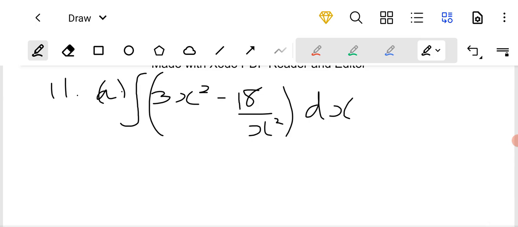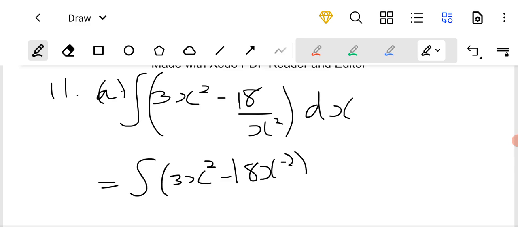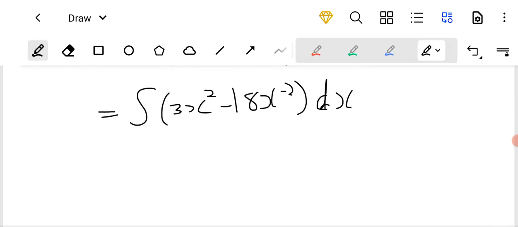So it's the same as writing it as the integral of 3x squared minus 18x to the power negative 2 dx.